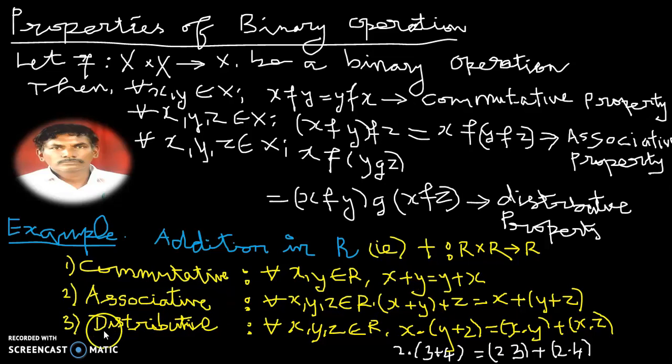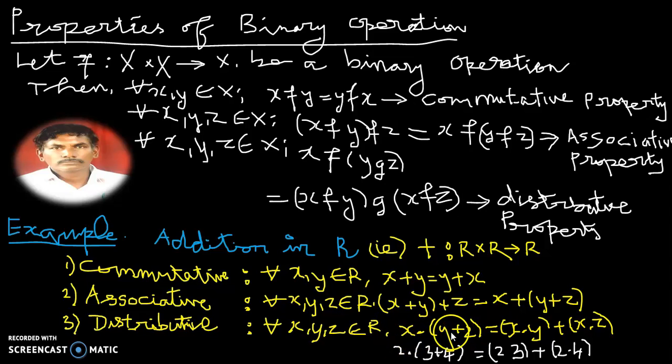Now coming to the distributive property, for all x, y, z belongs to the set of real numbers. Now I am taking two binary operations here. The first one, dot, means multiplication, and then plus, addition. Here I am taking multiplication, here addition.